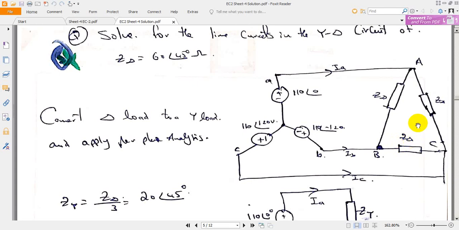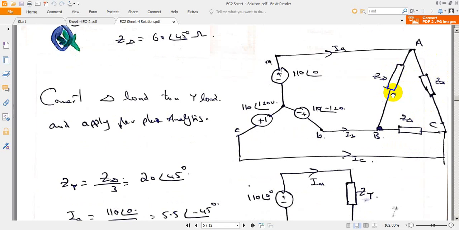With this star delta transformation, if the load impedances are the same, the value of this branch will be Z delta divided by 3. From the neutral to B or from the neutral to C, and the impedance from neutral to A in a star form, will be Z delta by 3.